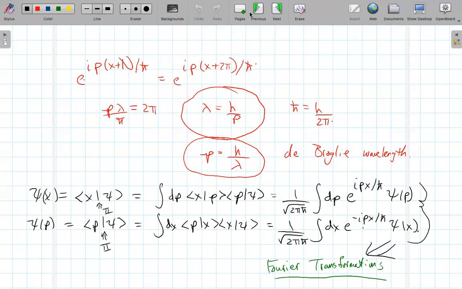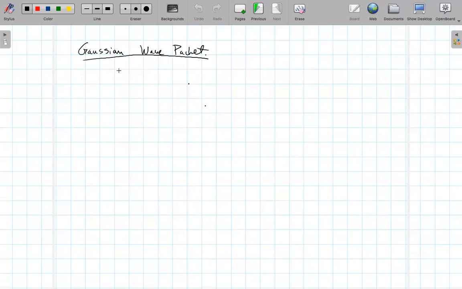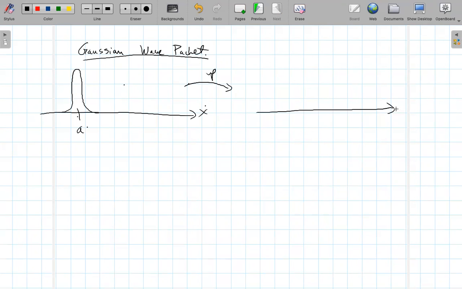Okay? So basically the reason for that is, as a property of the Fourier transform, let's say I start off with a system here that is pretty well spiked at a particular location. So if I have this, and let's say this is my x-axis and this is some position A, if this is pretty well localized at position A, when I do my Fourier transform to go into momentum space, this gets massively smeared out.